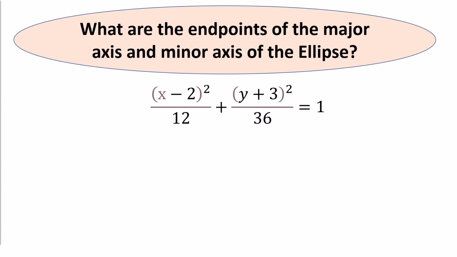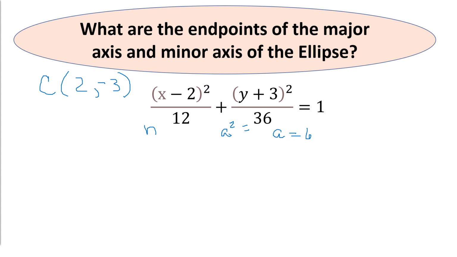What are the endpoints of the major and minor axis of the ellipse? So we're going to start off with the center. The center is at 2, negative 3. Now our a always goes with the larger number. So a squared is 36. And take the square root of 36. A is equal to 6.